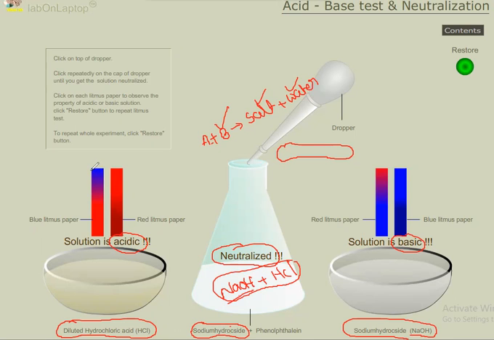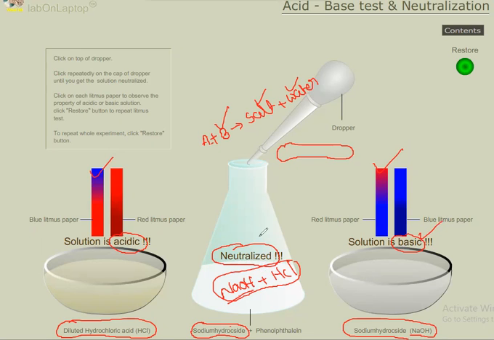So how to identify an acidic solution? If blue paper turns into red color, that is an acidic solution. How to identify a basic solution? If red paper turns to blue, that is a basic solution. Then how will you identify the neutralized solution?